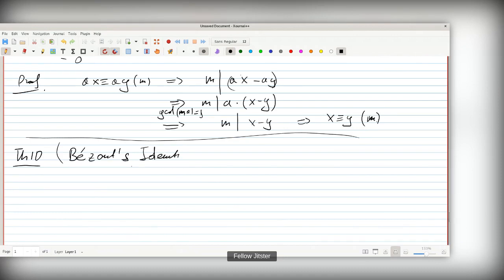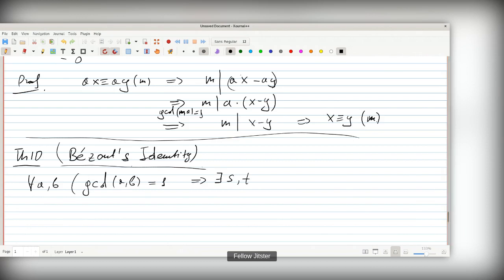Bezout's identity: for every two integers, if these integers are coprime, then there exist some other integers, let us denote them u and v, such that au plus bv equals 1.